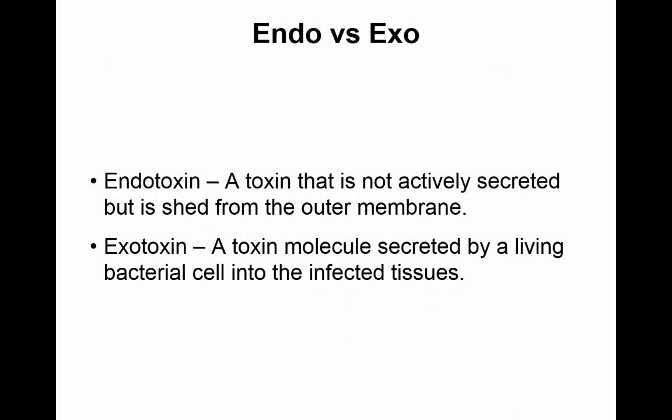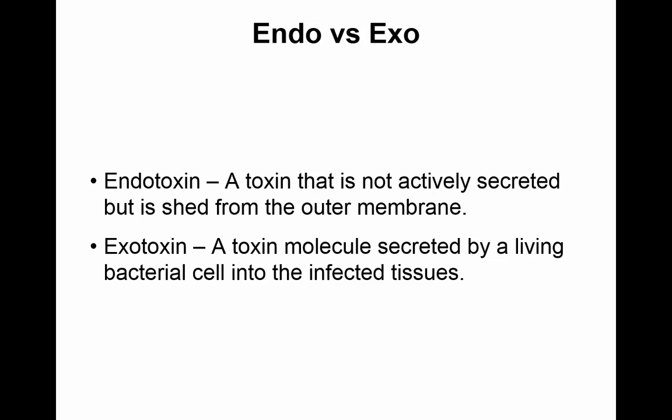Now here we have endotoxins. It's a toxin that is shed from the outer membrane. It's not actively secreted, but it's shed. And then exotoxin is secreted by the bacterial cells into the infected tissue. So exotoxin is secreted by the bacterial cell.